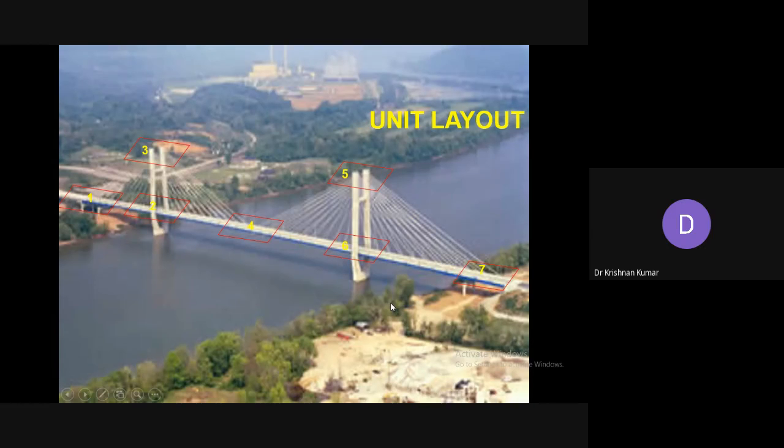Now this is a simple layout of the cable stay bridge. The cable stay bridge also looks like the same type. Initially we made this design. The layout is made like this. There are 7 units we have planned. 7 units means 7 standalone systems. So there are 5 at the deck level and 2 at the top of the pylon.